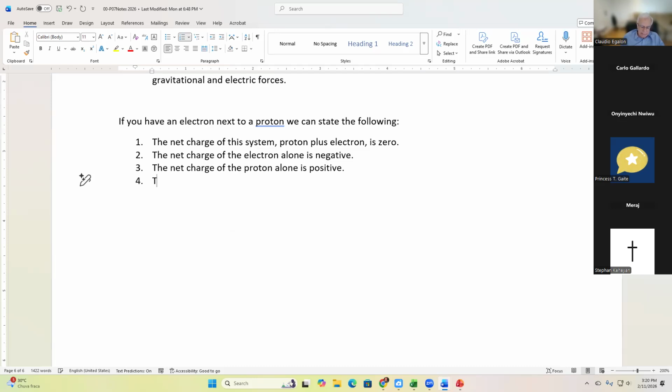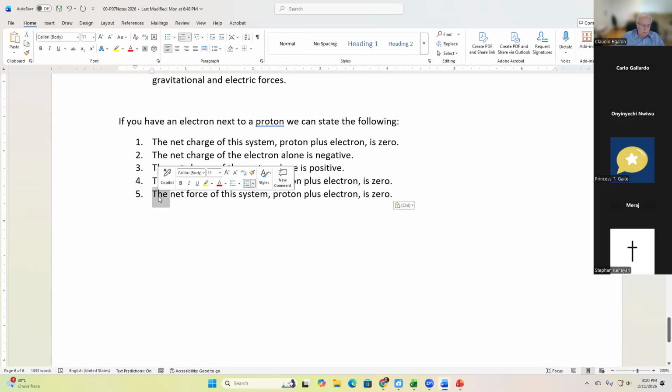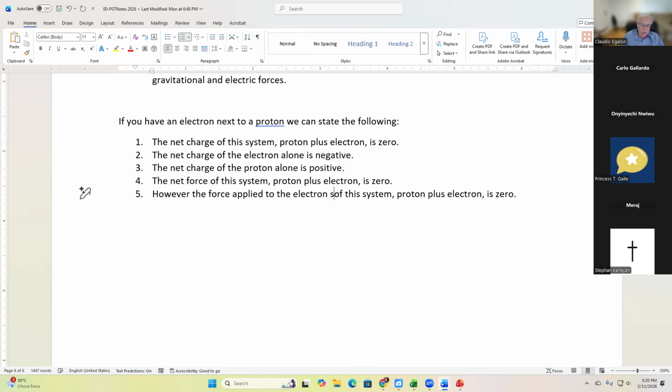Now, what else can we say? The net force of this system, proton plus electron, is zero. Yes, the net force is zero, but not the separate forces. However, the force applied to the electron separately is not zero, and the same can be said of the proton.